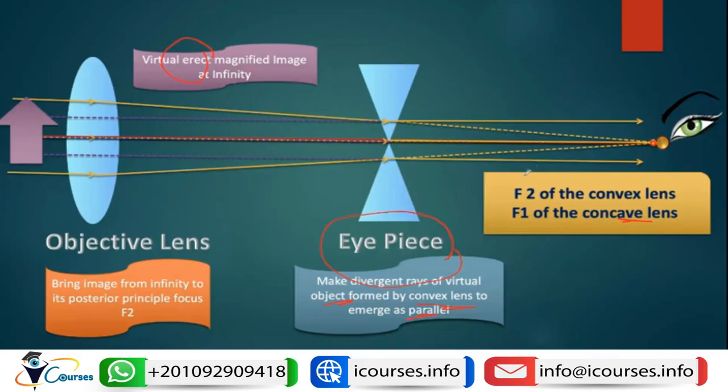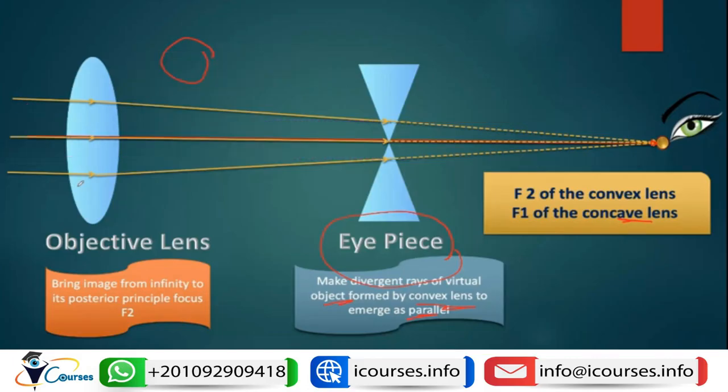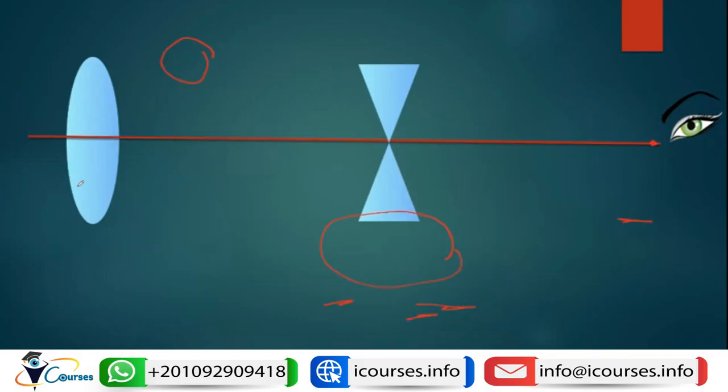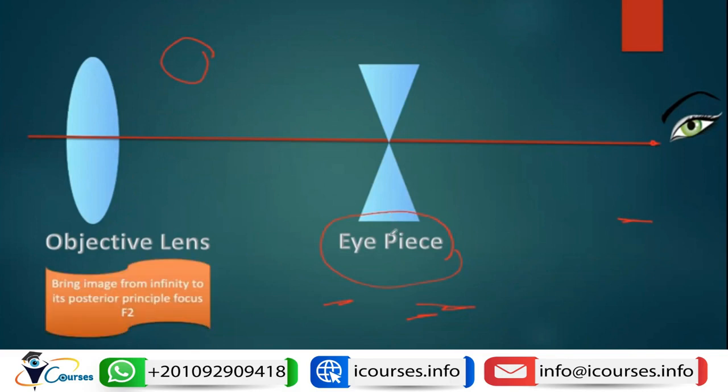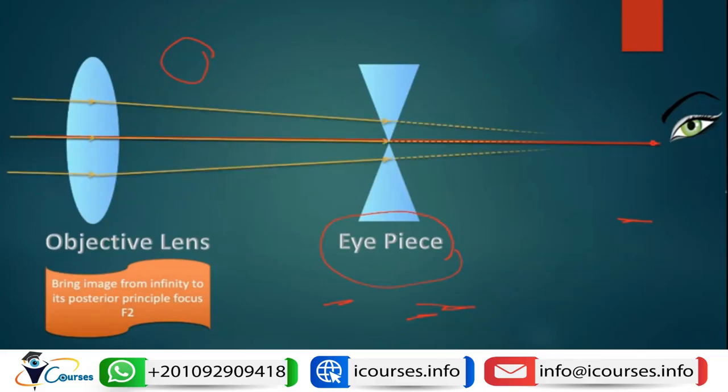So let's repeat this again. In the case of the Galilean telescope, we have a plus lens, called the objective lens, and another minus lens, which is a stronger lens, called the eyepiece. The objective lens will bring the image from infinity to its posterior principal focus.